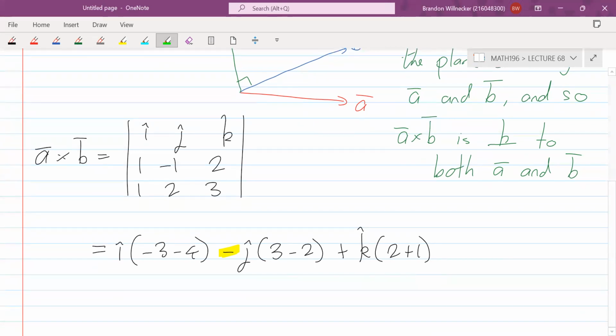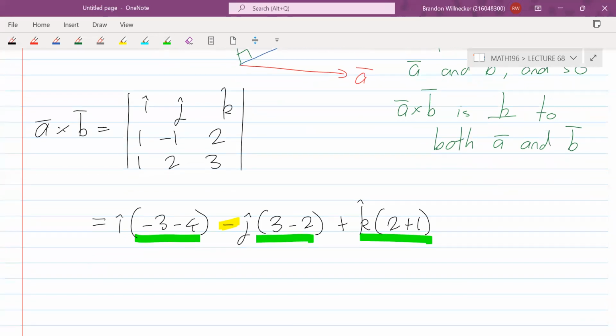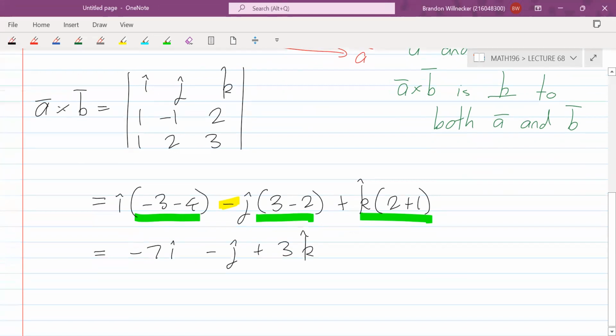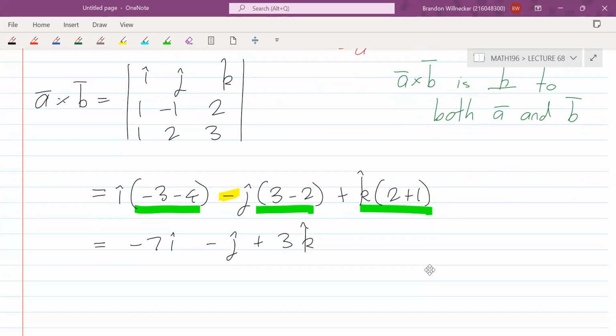These are going to be the components of our new vector. You can either simplify and leave it as a sum, so we can write this as -7i - j + 3k, or you can write it as a single vector as -7, -1, 3. Either way, that's fine.